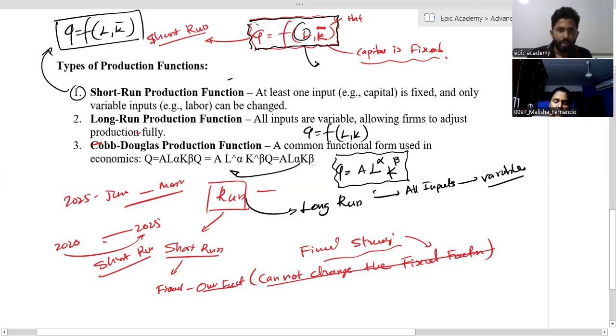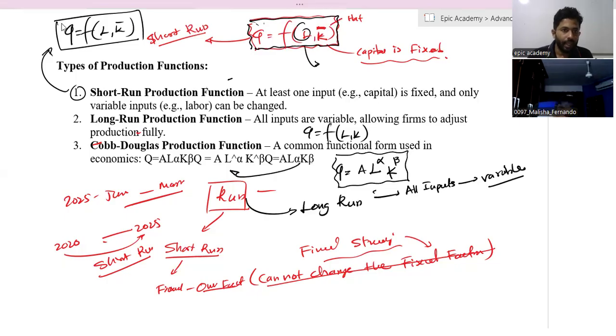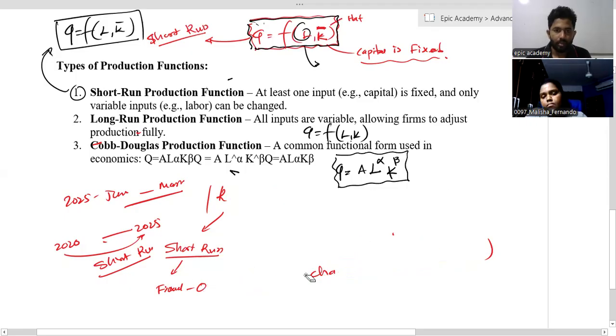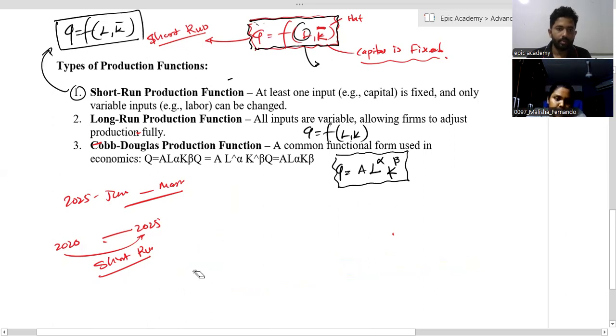Okay, Q equals A L alpha K beta. In here, A represents the intercept of the production. L represents the level of input, I mean labor.